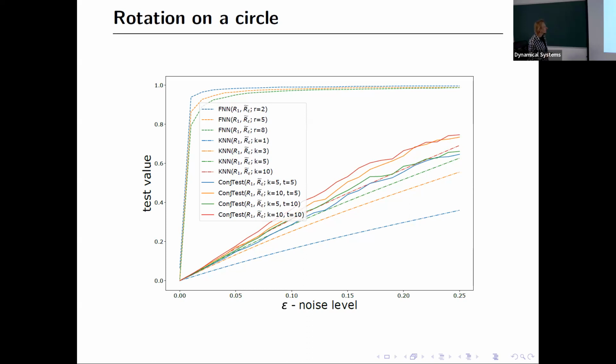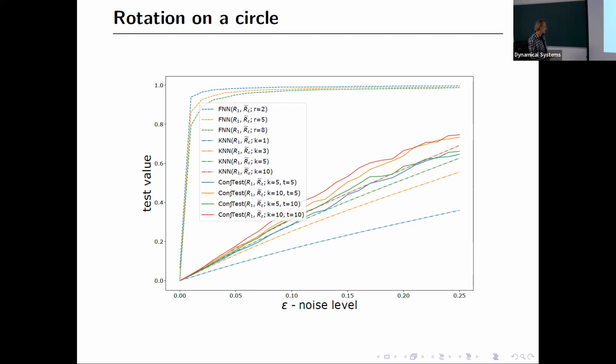In comparison to, for example, FNN, KNN also behaves this way, so it kind of changes continuously with the noise. But FNN is super sensitive to the noise, while the conjugacy test and KNN are not.